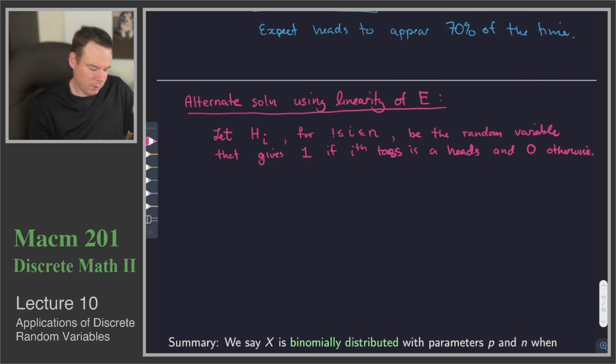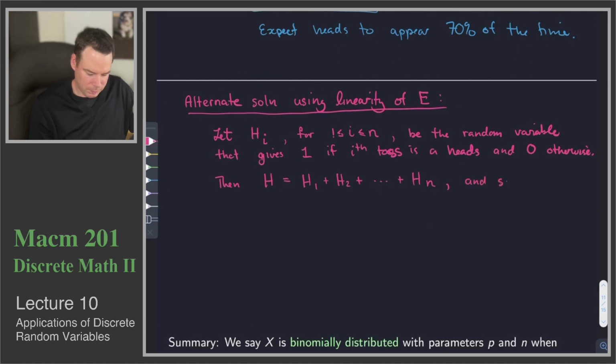So what do we have now? Well, then h, the one that counts the number of heads, would be just h1 plus h2 plus all the way up to hn. So we could write our original random variable we're interested in as the sum of these new ones.